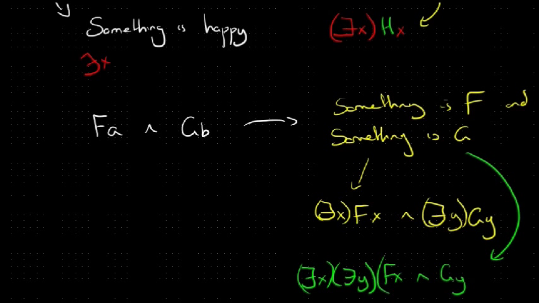Right, so both of those look like valid translations of this sentence: something is F and something is G.